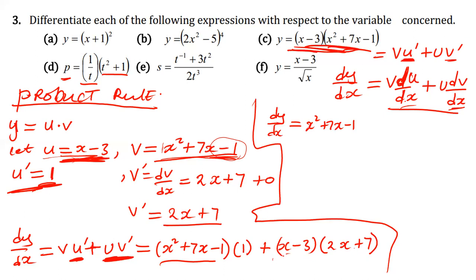So if you want, you can just leave them the way they are, or you multiply them, depending on how your marker or your lecturer wants you to leave the expression. If they want you to leave it in a simplified version, it means you have to multiply them. But whether you multiply or not, you still get the same answer. So this is the final answer for the derivative of this.